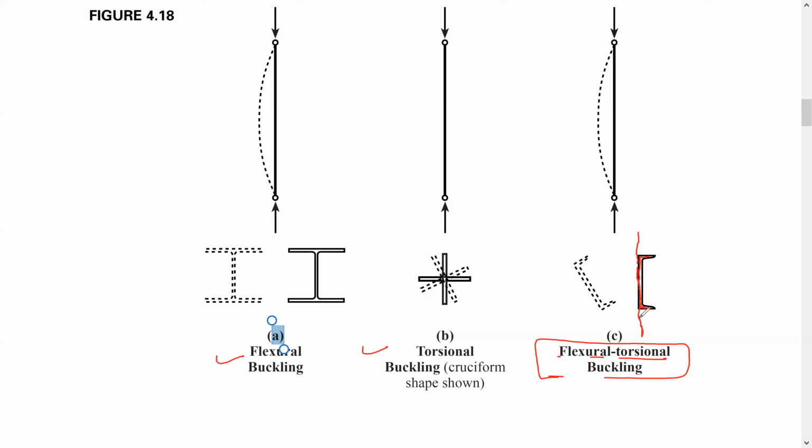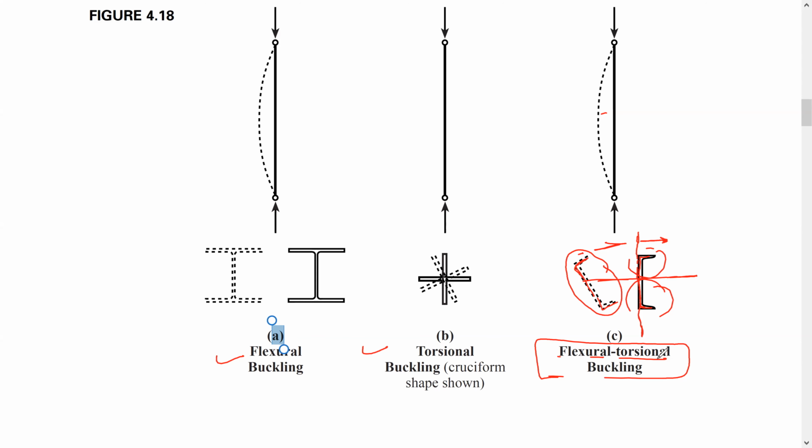This one resembles that one: it's symmetrical about this axis but not about this axis. So this one will buckle in flexure and torsion: it moves from its place and at the same time it twists. This is what we call flexure torsional buckling.